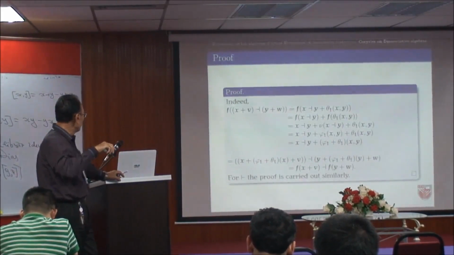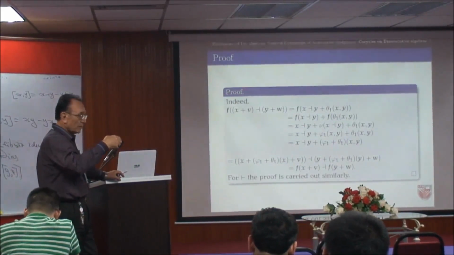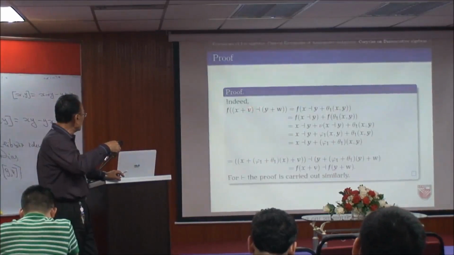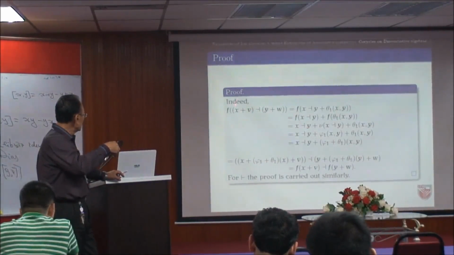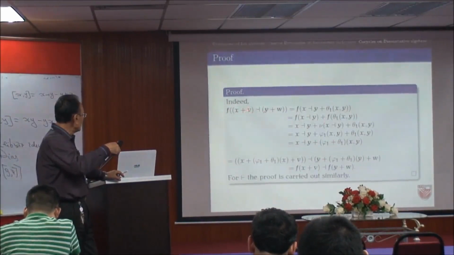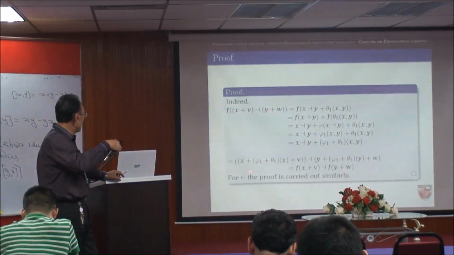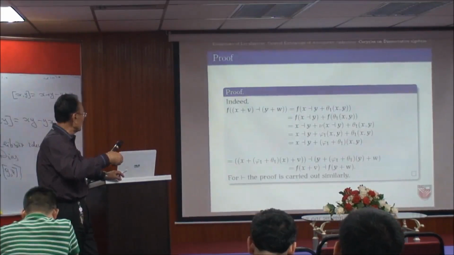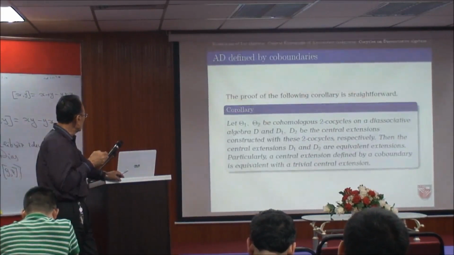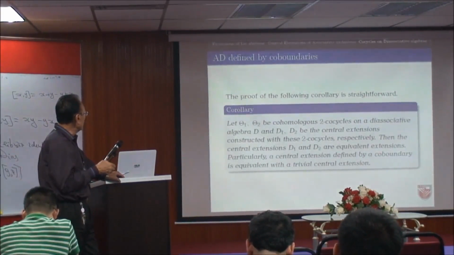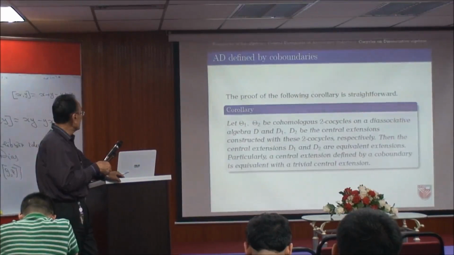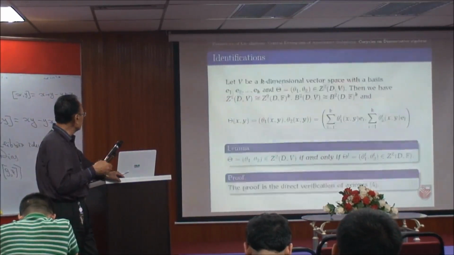So this is for one operation, given here. The left operation and right operation cases can be proved similarly. So any cohomologous 2-cocycles define the same algebras. So that's why you can ignore them.